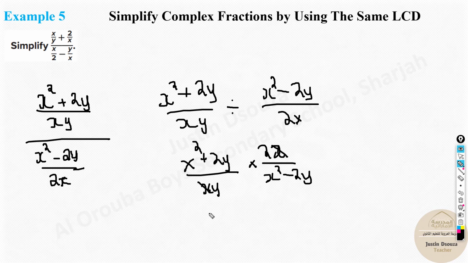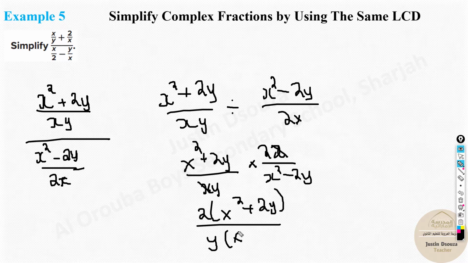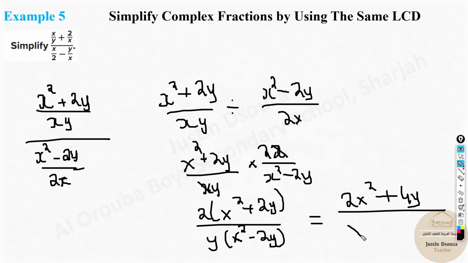So 2 bracket x squared plus 2y divided by y into x squared minus 2y. This is the answer, but we can multiply this inside, use the distributive property and simplify further. It'll be 2x squared plus 4y divided by x squared y minus 2y squared. This is the final answer.